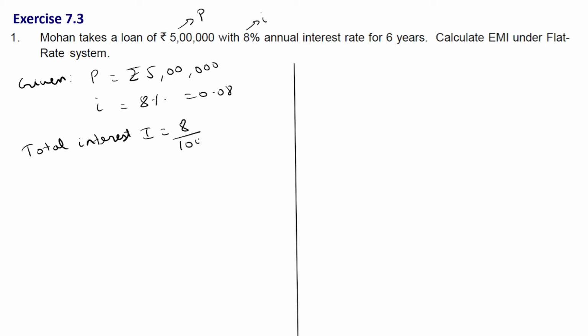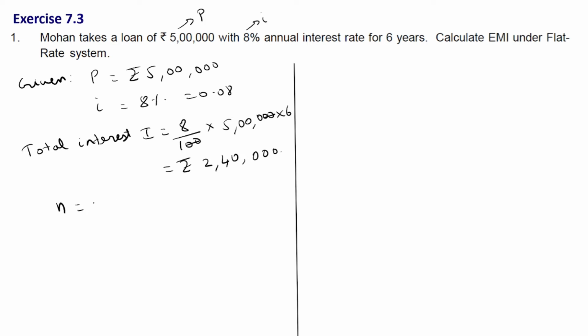So it is 8 by 100 into 5 lakhs into 6. Because in flat rate system, we take the interest to be equal for every year. So for 1 year it is 8% of 5 lakhs. For 6 years it will be 8 by 100 into 5 lakhs into 6. When we simplify, we get it as rupees 2,40,000.